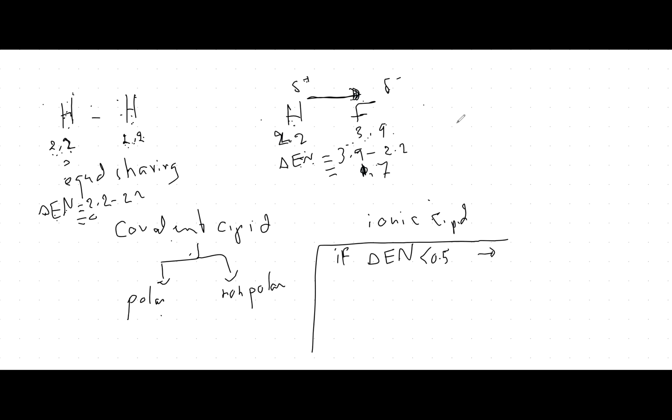Nonpolar. If the electronegativity difference is between 0.5 and 1.9, my compound is polar.